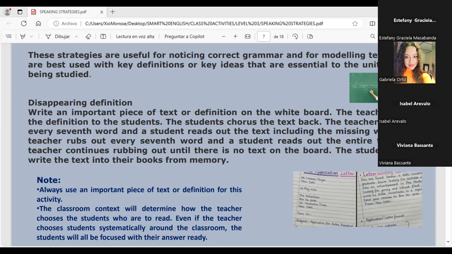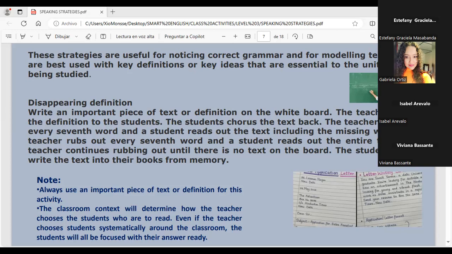The students chorus the text back. The teacher rubs out every 7th word and a student reads out the text including the missing word. The teacher rubs out every 7th word. A student reads out the entire text. The teacher continues rubbing out until there is no text on the board. The students then write the text into their books from memory.